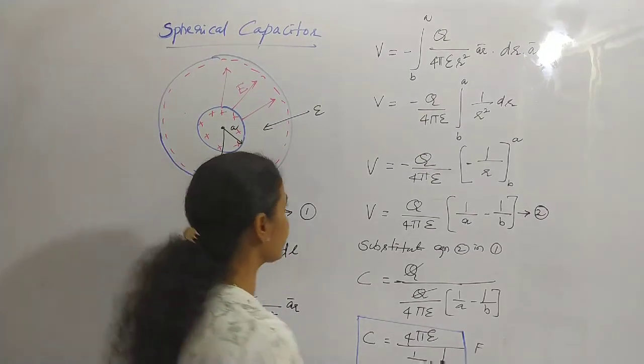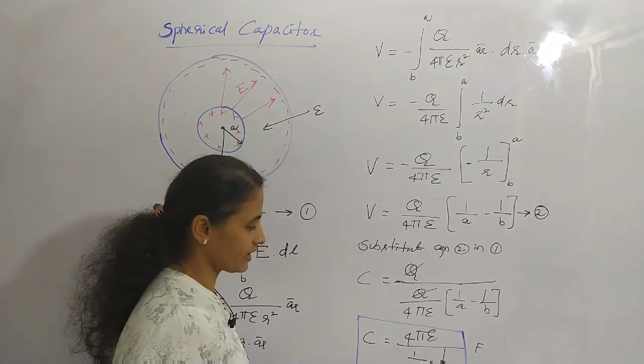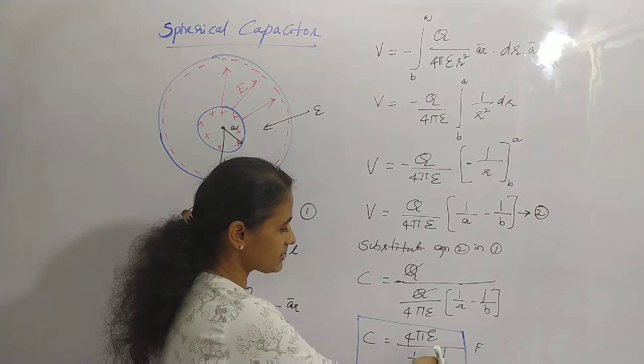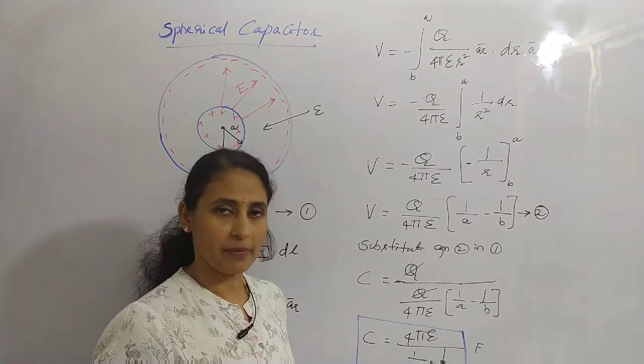There is a special case of this spherical capacitor. This is the radius of the inner sphere and this is the radius of the outer sphere.